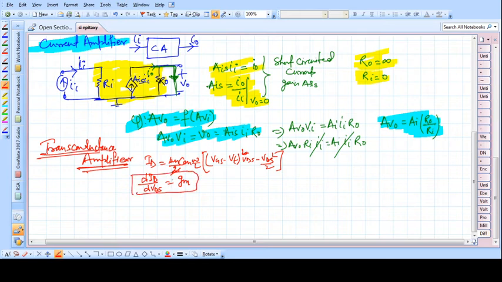So we have to remember this type of equation for the transconductance. Gm is del ID by del V, meaning the output should be current and the input should be voltage. Other examples, for the BJT case: Gm equals IC by VT, or we can write the AC current ic equals Gm VBE.